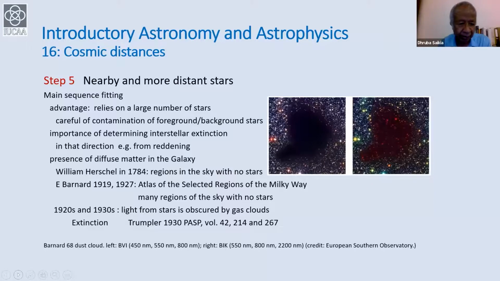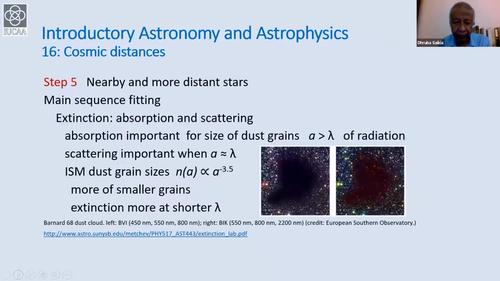That was again in the early half of the 20th century. So this is something which you have to bear in mind, but we will not discuss it in too much detail here. Maybe if there is time later, we will discuss it, but scattering and absorption are both important, and interstellar dust grains are what play a very prominent role.